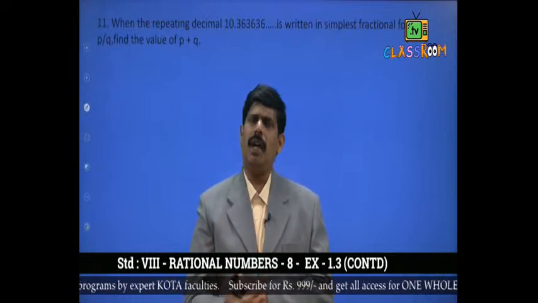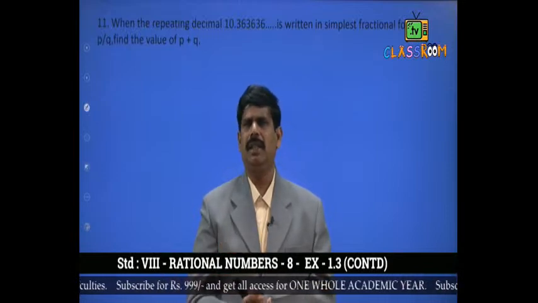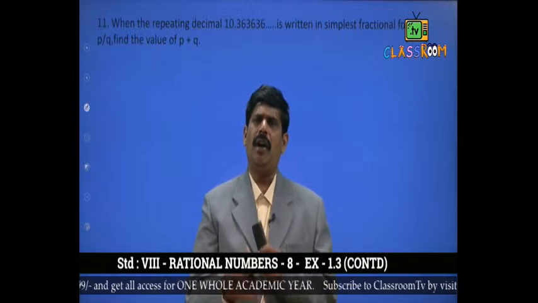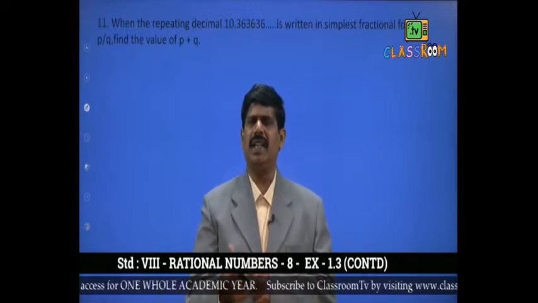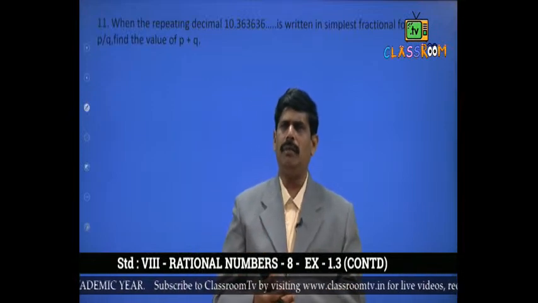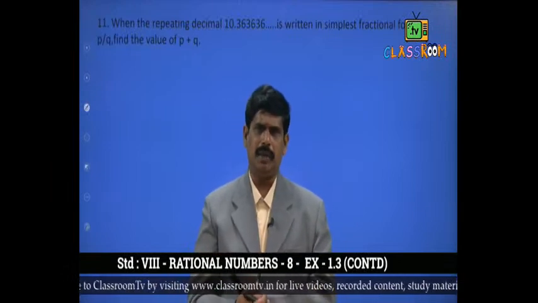So first what we have to do, we have to convert that pure recurring decimal into p by q form, and after converting he is asking us to find the value of p plus q. So you will get the p by q form, you add both the p value and q value so that we will be getting the p plus q. Let us see now how to do this.